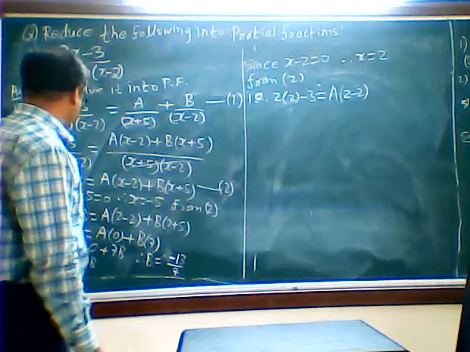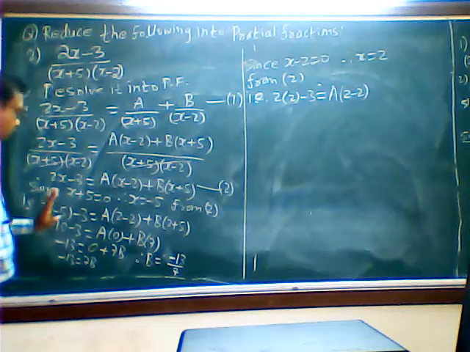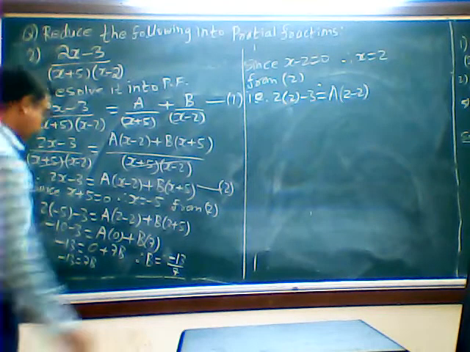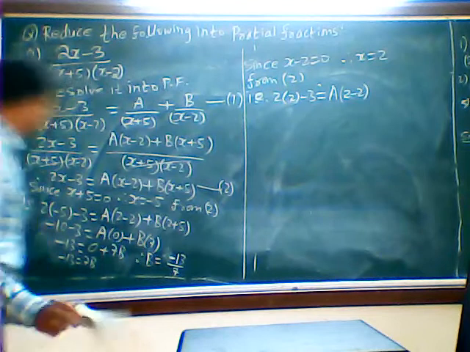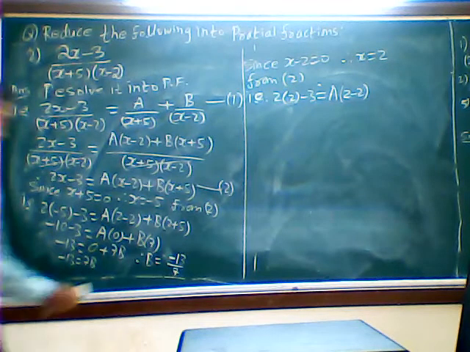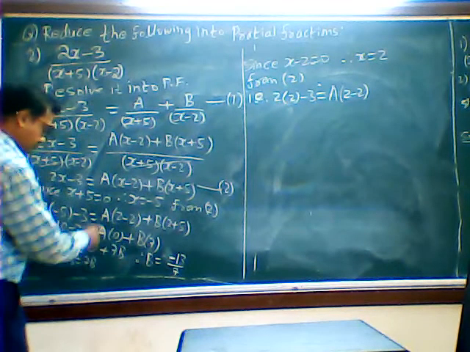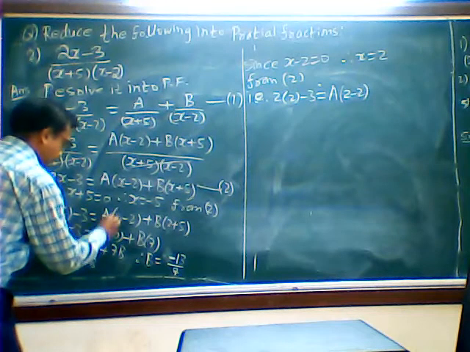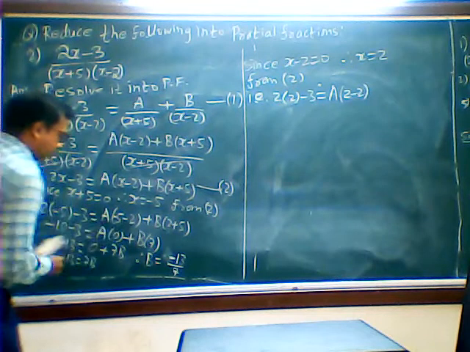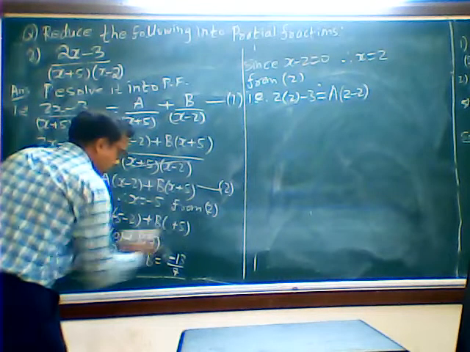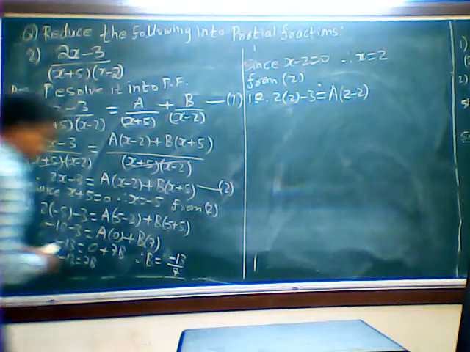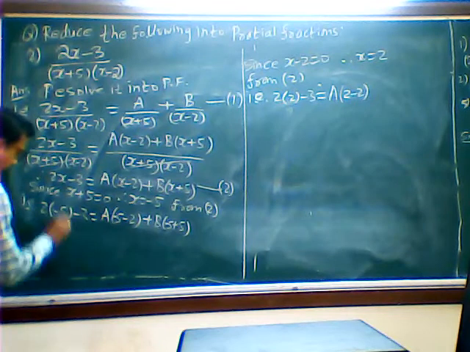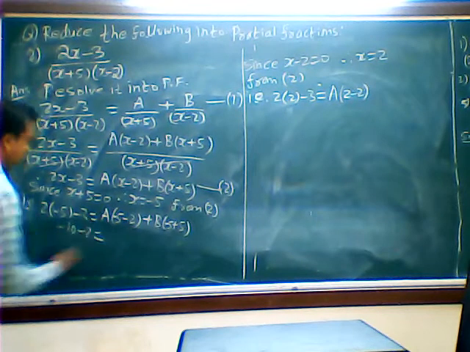One minute, I have made a mistake. Instead of taking 2, I have taken minus 5 here. I am getting the A value, not the B value. I have to put minus 5 here. So 2 into minus 5 is minus 10, minus 3.